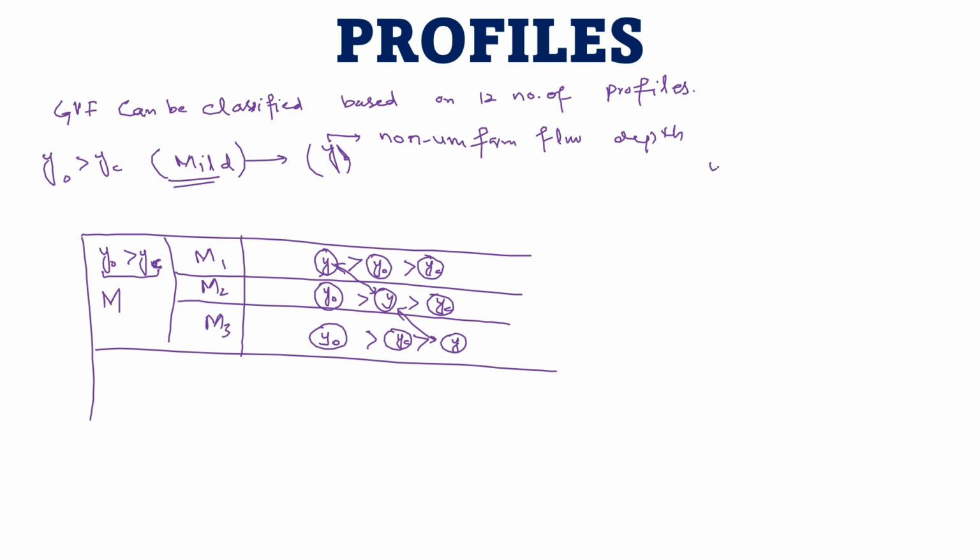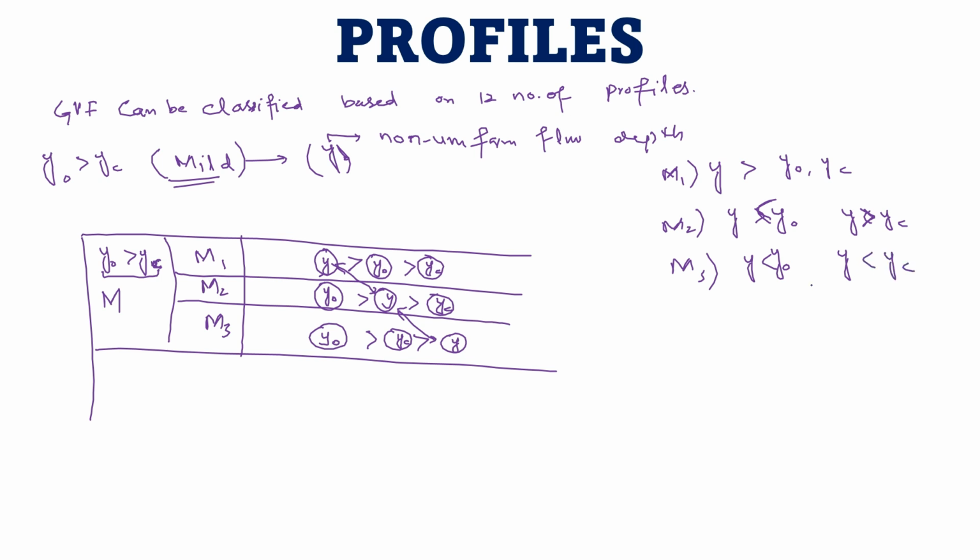Meaning for the first case, Y is greater than both Y naught and YC. In the second case, Y is less than Y naught, but Y is greater than YC. The first is M1, and for M2, this is the case. And for M3, Y is less than Y naught, and Y is also less than YC.